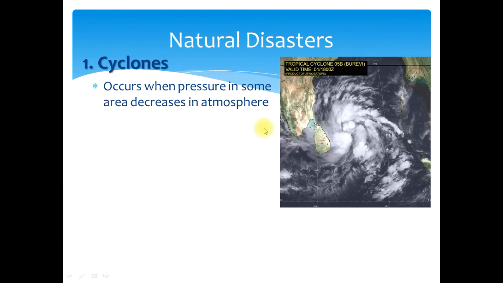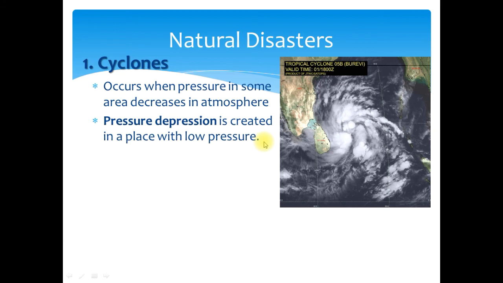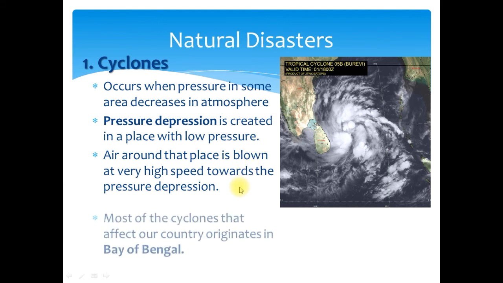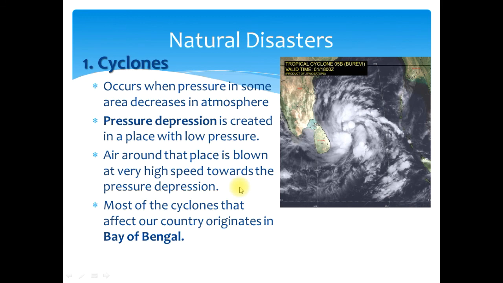A cyclone occurs when pressure in some area of the atmosphere decreases. This pressure depression is created in a place with low pressure. Therefore, air around that place is blown at very high speed towards the pressure depression, and it is called a cyclone.